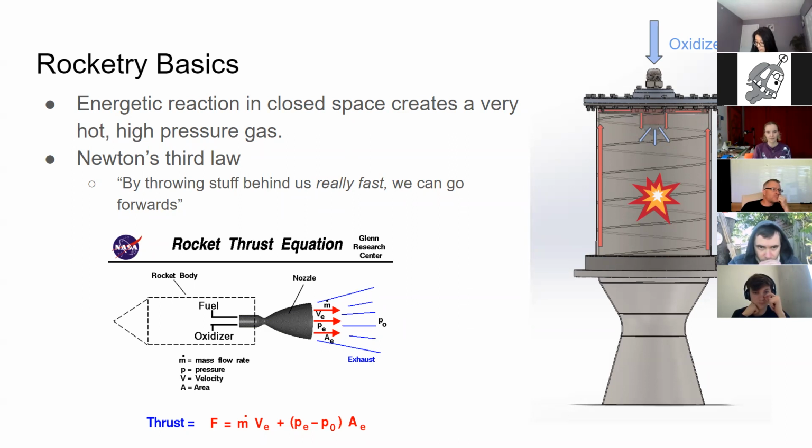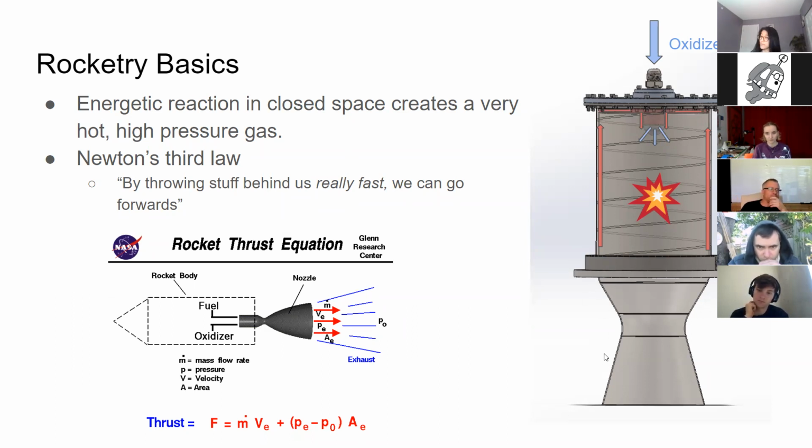So there's some engineering that goes into trying to optimize it, but you want to maximize your exhaust velocity, even if it means your exhaust pressure goes down a little bit. The choked region right here basically just creates choked flow.